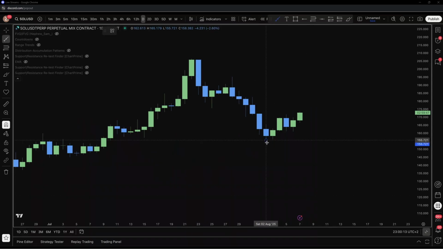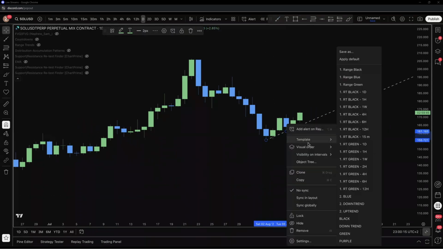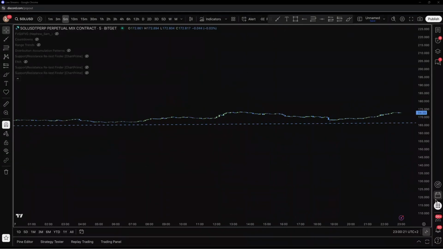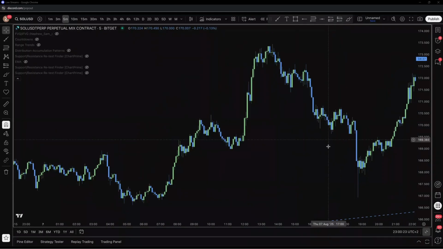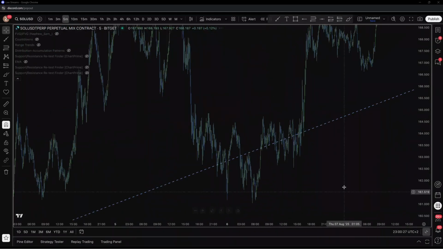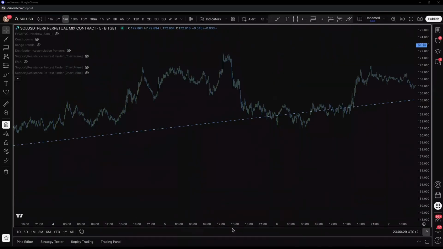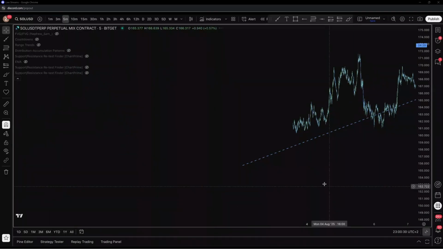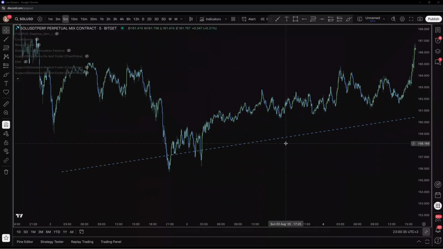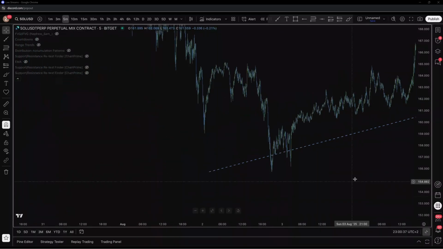Anywhere in particular, or maybe this one is fine. Now zoom into the 5-minute chart, if you would. And if you were to zoom to say the 4-hour, if you look to the right-hand side, are we above that range trend?